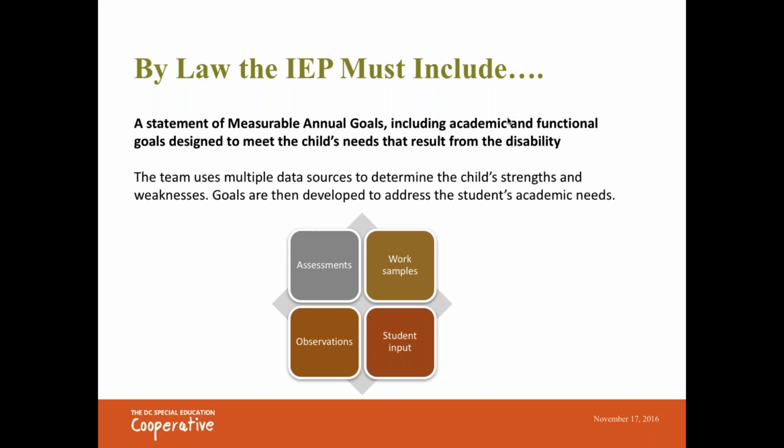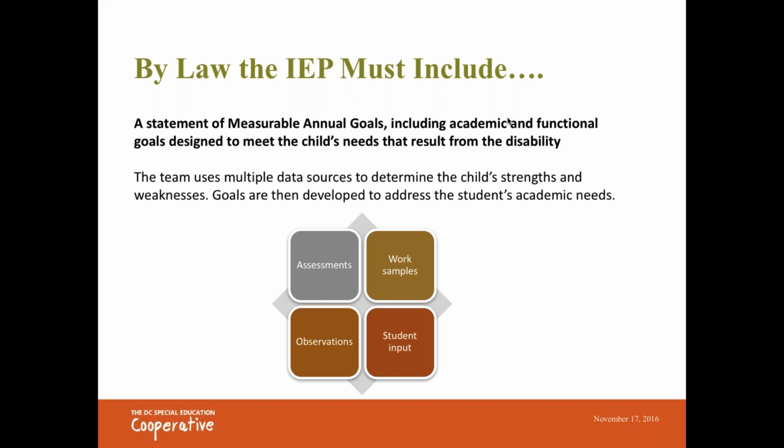The IEP also must include a statement of measurable annual goals, and these can be academic and functional goals. These goals are developed and designed to meet the child where they are, to meet the child where they need to be met as a result of the disability.